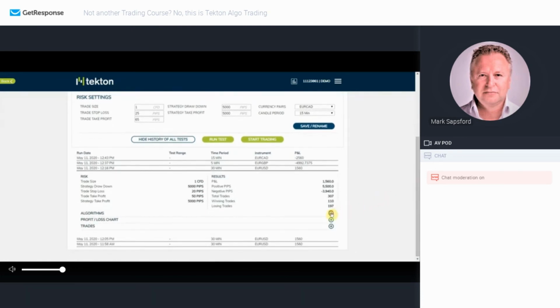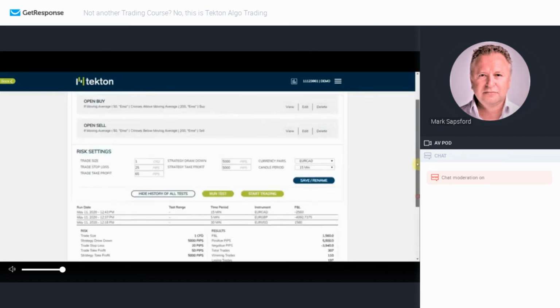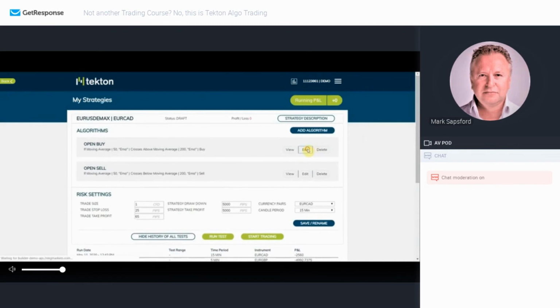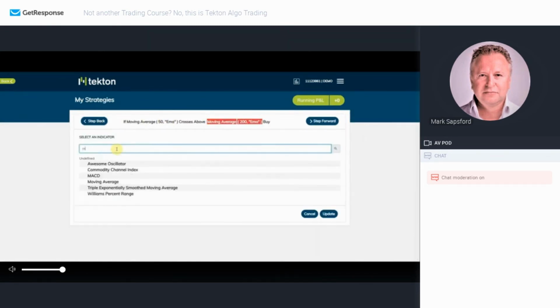So what we need to do is make sure we go back to our previous settings. So 50 crosses the 100. So we go back to edit and step back to our previous setting.